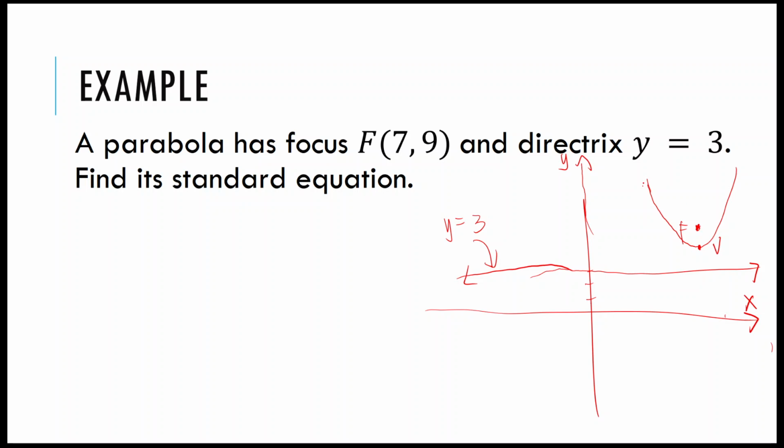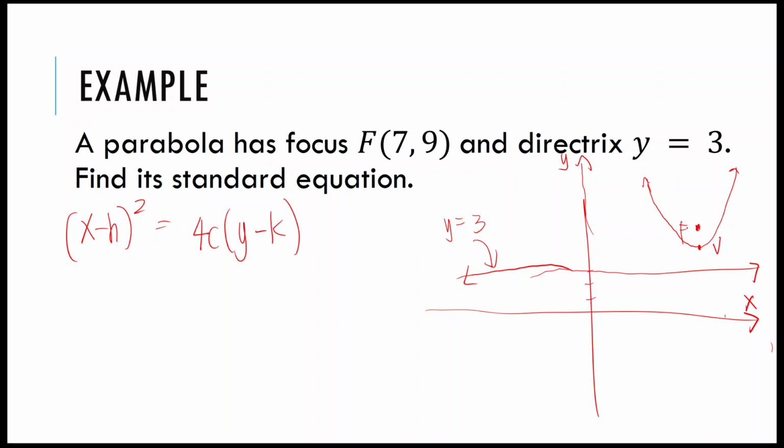our parabola opens upward. Okay, if it opens upward, we know that the standard equation of the parabola is (x minus h) squared equals positive 4c times (y minus k), where h and k are the coordinates of the vertex and c is the distance from vertex to focus, or also the shortest distance from vertex to the directrix.